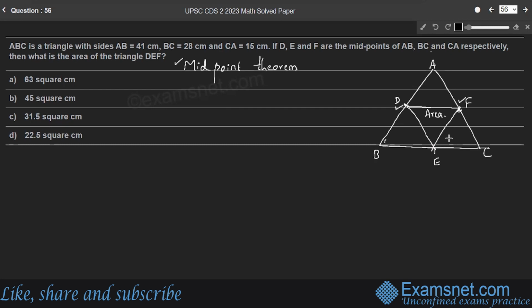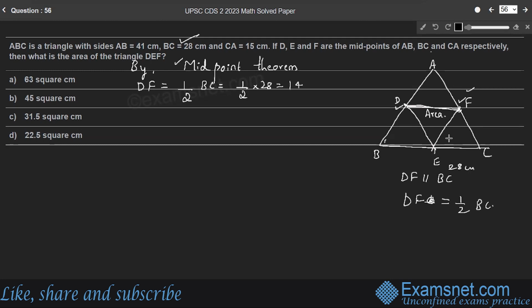The line joining them is DF, which is parallel to BC, and DF is equal to half of BC. This is the midpoint theorem. Therefore, by the midpoint theorem, we can write DF as half of BC. Since BC is 28 centimeter, DF will be half of 28, which is 14 centimeter.